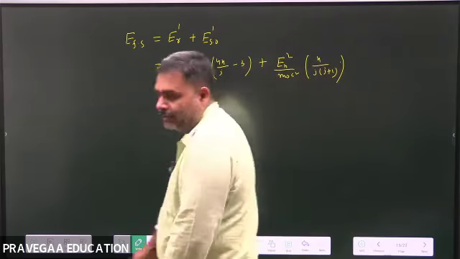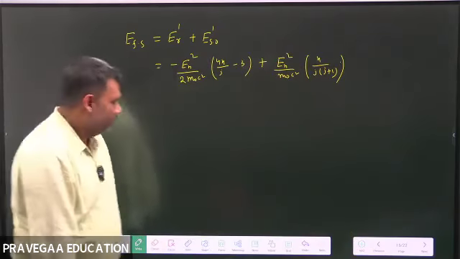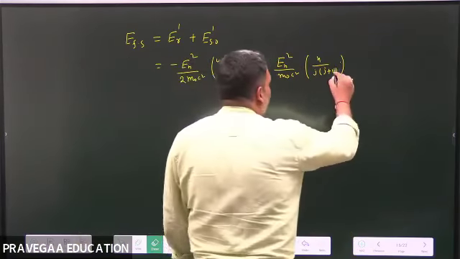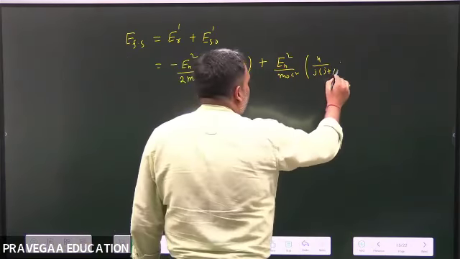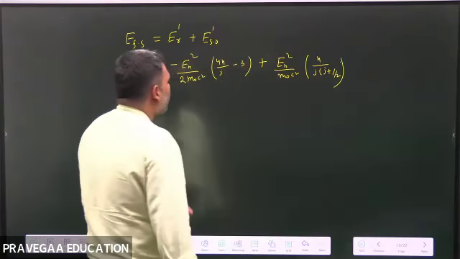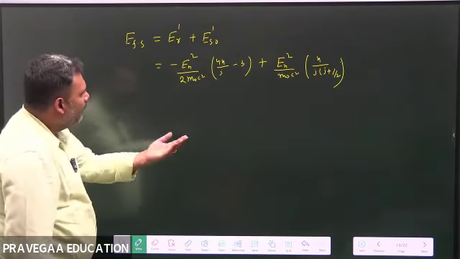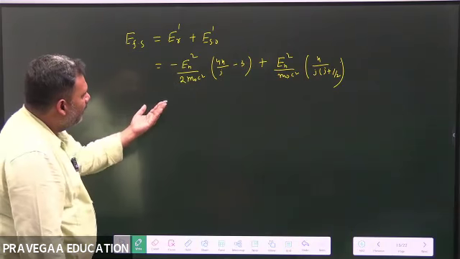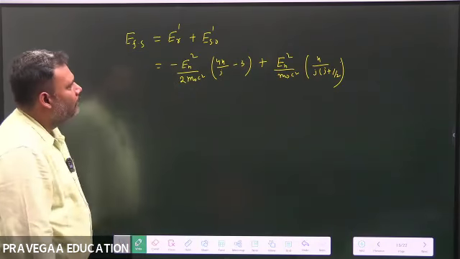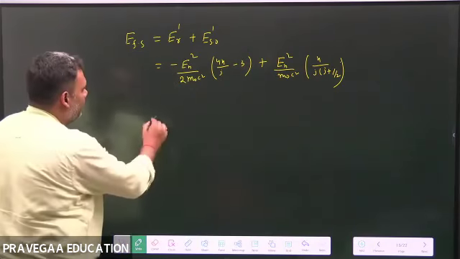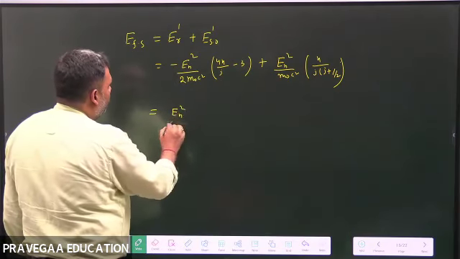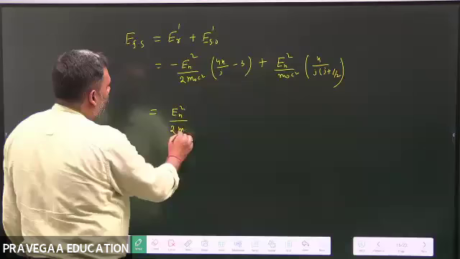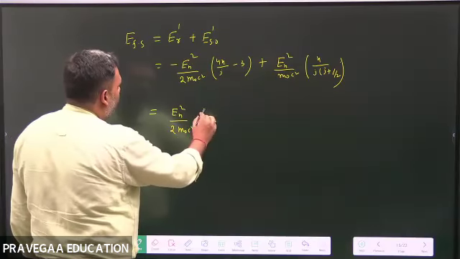Only this term is there. J plus half, yes, that value is j plus half. Okay, so what I will do, I will take En square upon 2 m naught c square outside. ले सकते हैं ना? So we have En square upon 2 m naught c square outside.